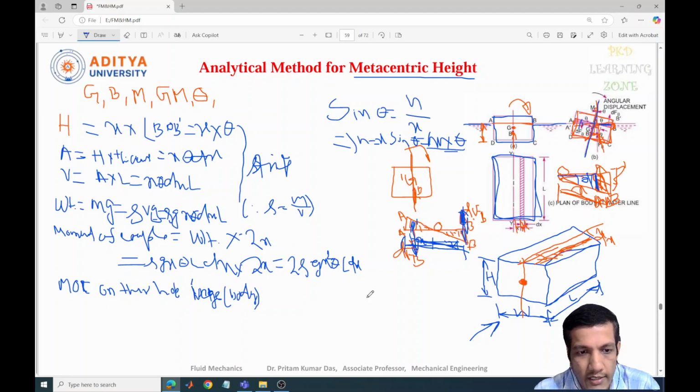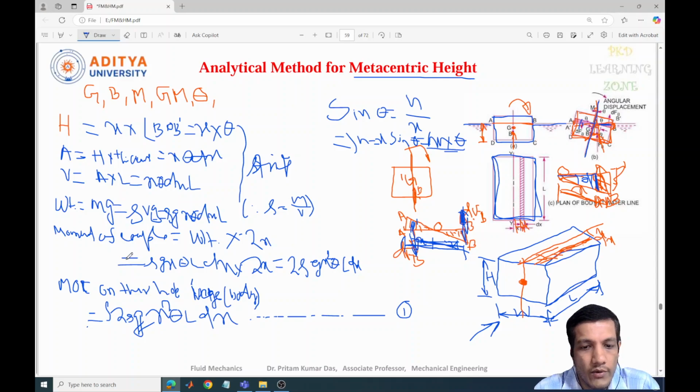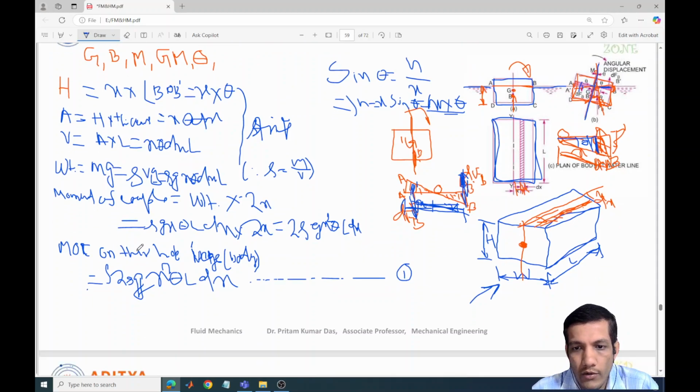If you consider the whole body, then we just need to integrate this expression. So that is equal to the integration of 2 rho g x square theta L dx. So this one we can call equation 1.